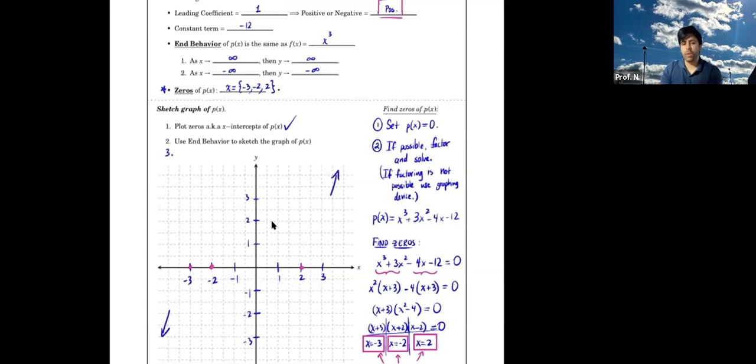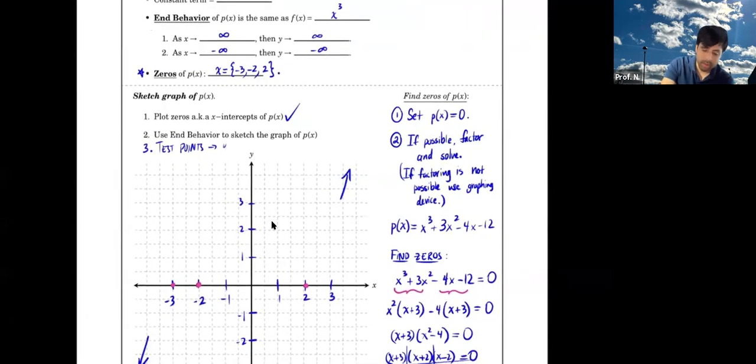And then, you know what also would help, just to give us a little more orientation? They call them test points. It's just to give us other points. In particular, one of those test points that will be very helpful is the y-intercept. So what is the y-intercept again?